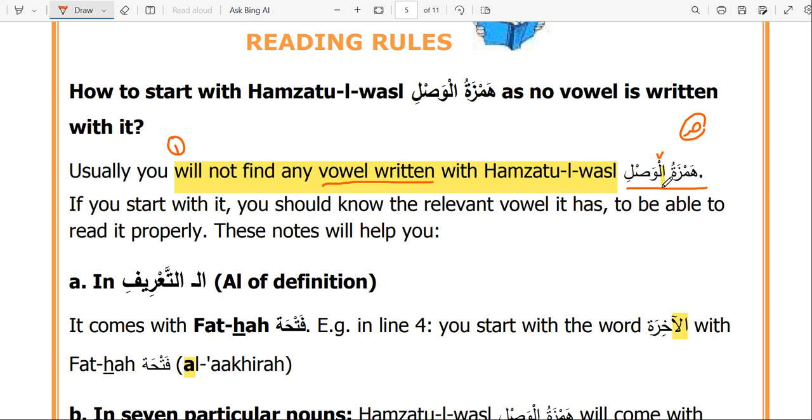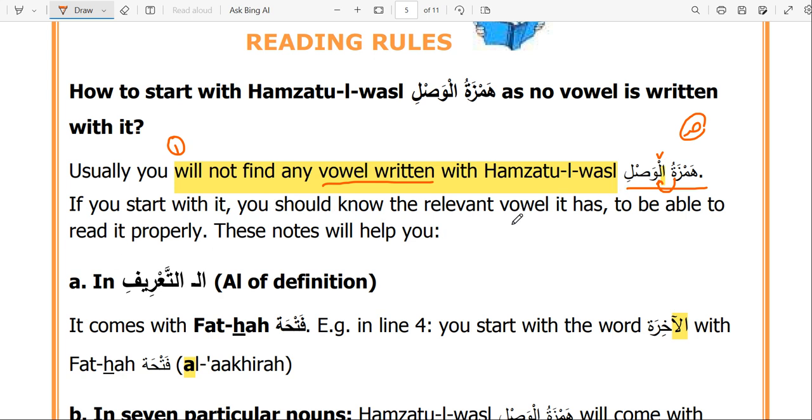So I have told you how to recognize the hamzatul wasl and how to read it. If it comes in between, you need to totally omit it, and from the ta marbuta directly go to the laam. And if you start with it, you should know the relevant vowel it has.